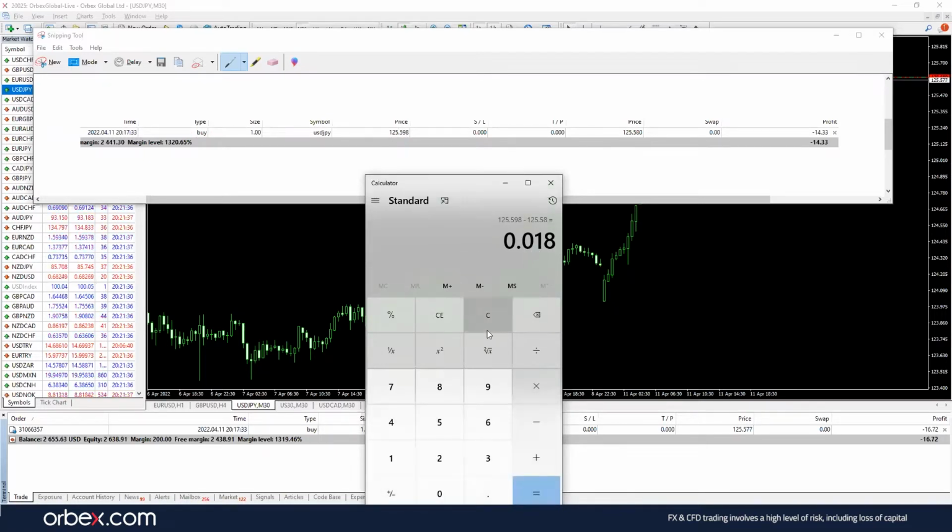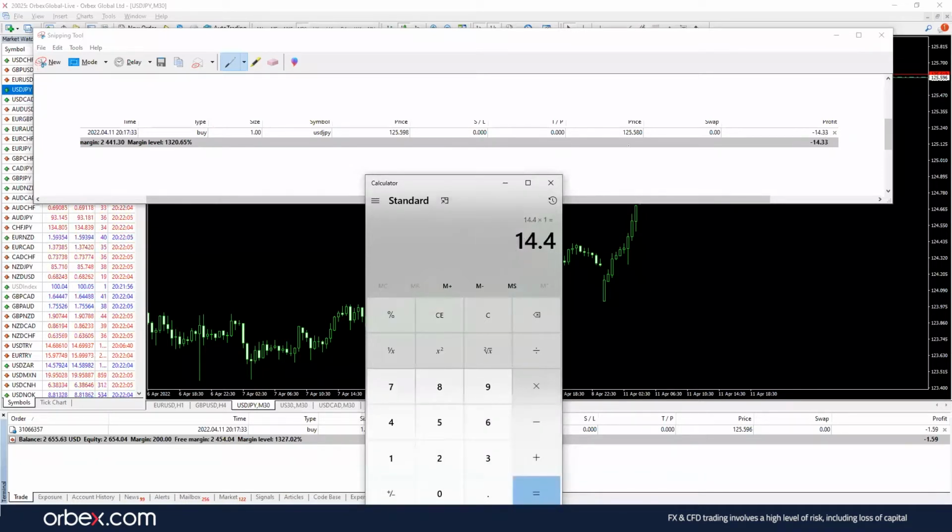So 1.8 pips is what I'm losing at the moment. Multiply that by approximately $8, which was the dollar yen pip value amount, and then times it by 1, which is the lot amount that I have open at the moment. So 14.4, 14.33, and this is because I did it approximately $8.